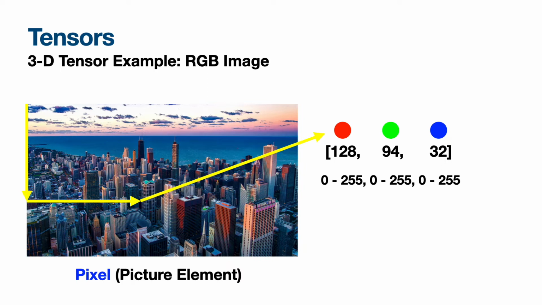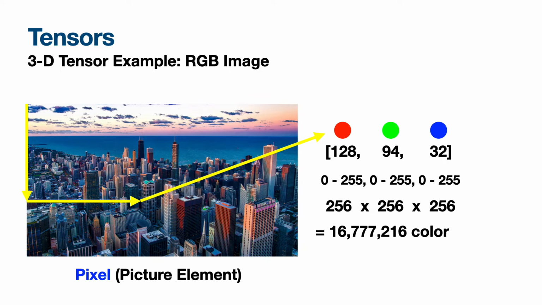As such, each color has 256 possible intensity values. Therefore, a pixel in an RGB image can represent 256 by 256 by 256 colors, which means a lot of colors. Well, 16,777,216 different colors to be exact.